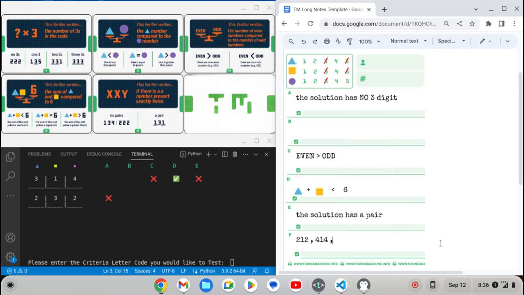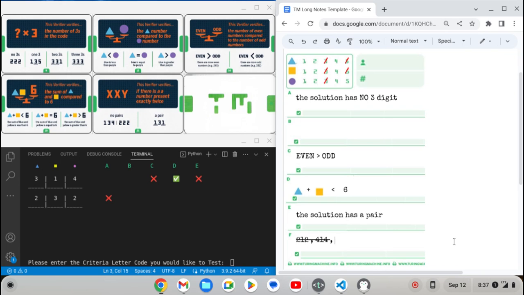There is a pair, there is no 3, and they're equal. So I'm just going to type them out for completeness. And I think that's it for the triangle and circle to be equal.